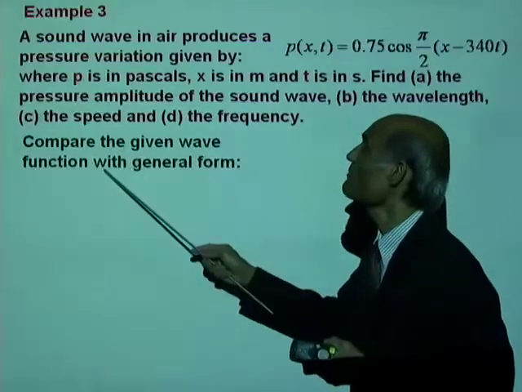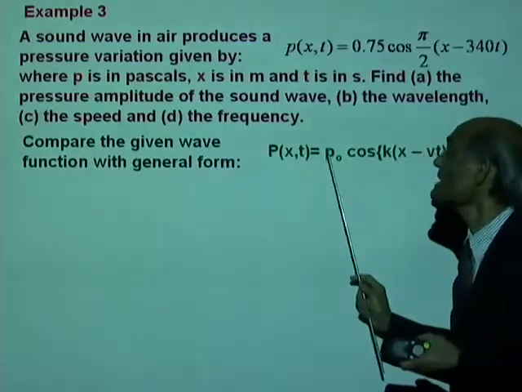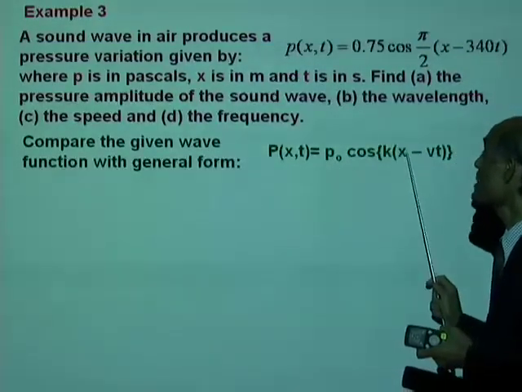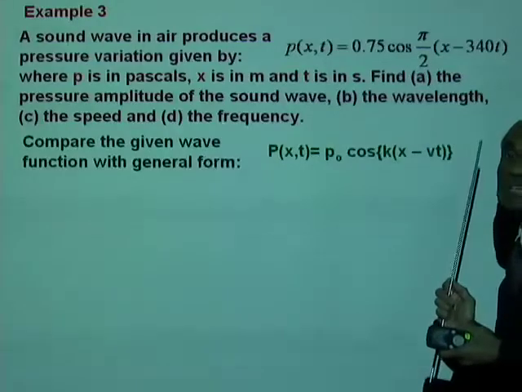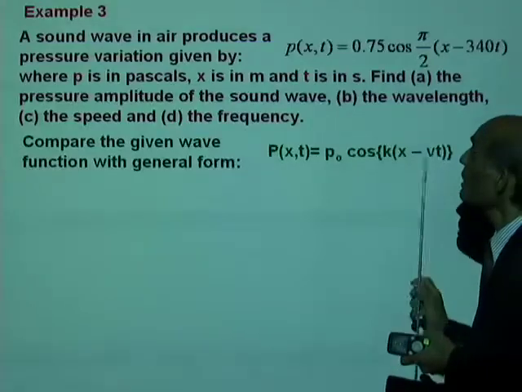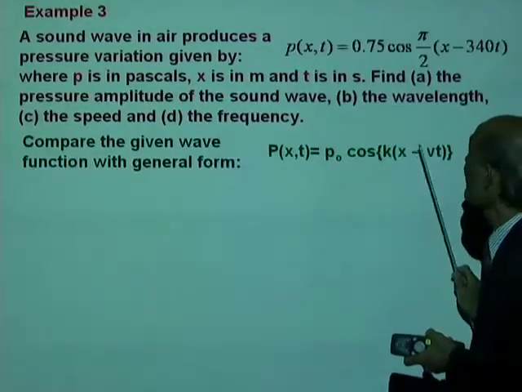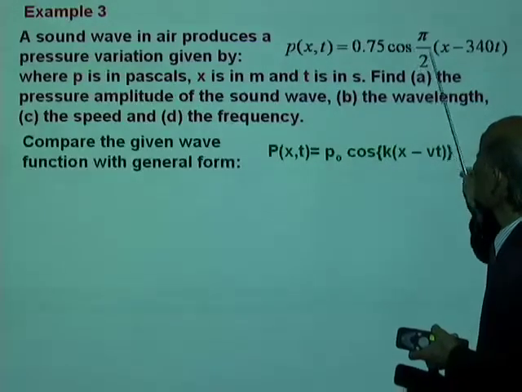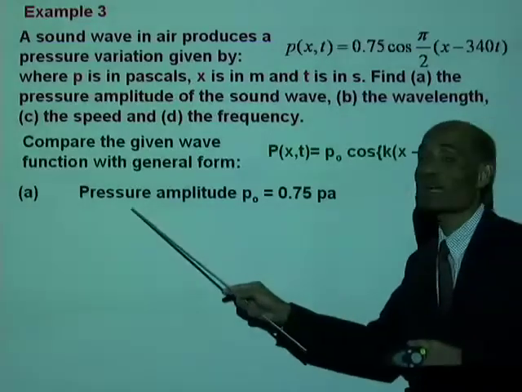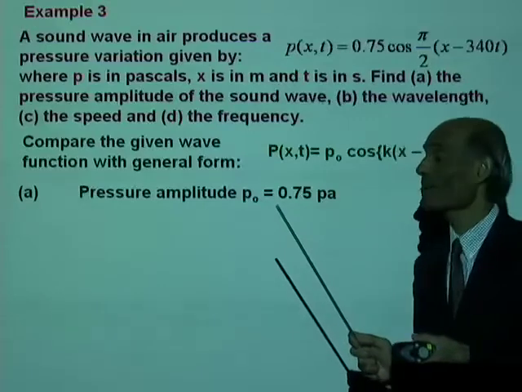Compare the given wave function with the general form P(x,t) equal to P0 cos k times (x minus vt). This is the general form. So, you got P0 is 0.75, k is pi by 2, v is 340. Pressure amplitude is 0.75 Pascal.